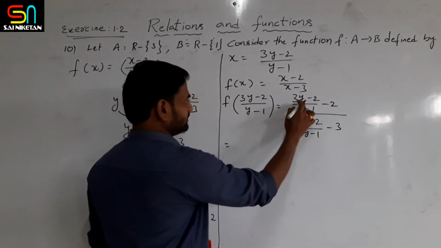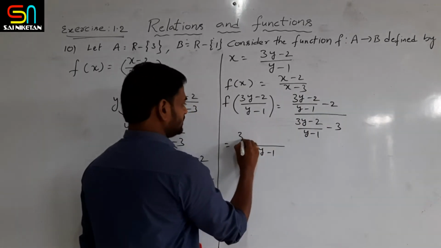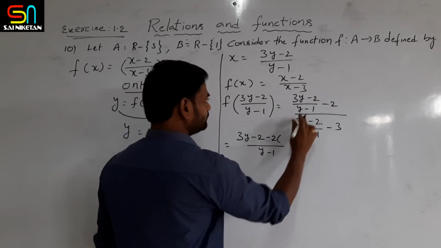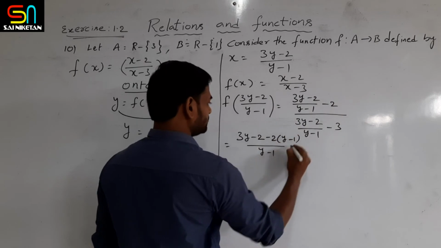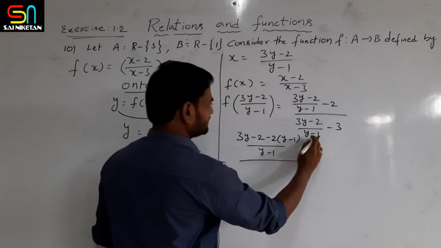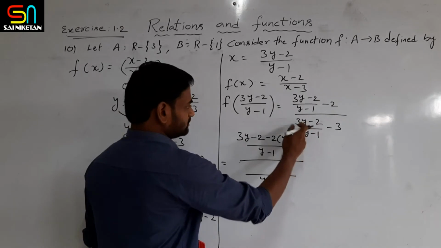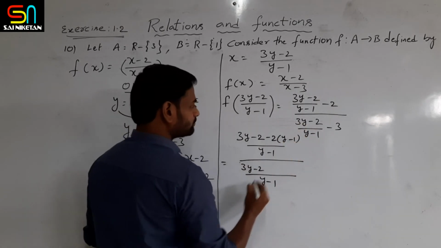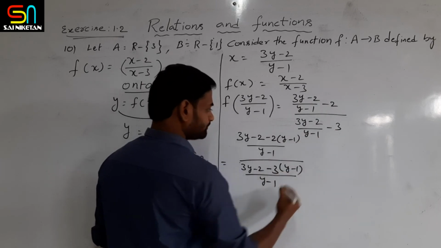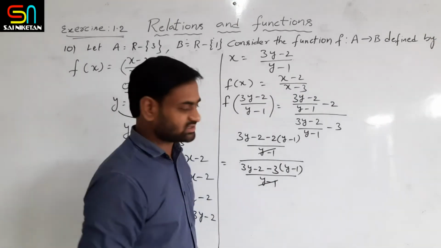Now here I am taking the LCM. y minus 1 is the LCM here. That is 3y minus 2 minus 2 into y minus 1, by again LCM here, y minus 1. Now here 3y minus 2 minus 3 into y minus 1. Now here y minus 1 gets cancelled.